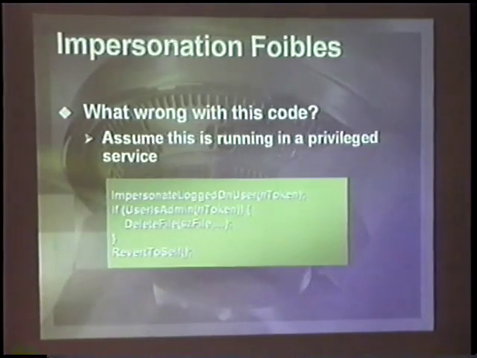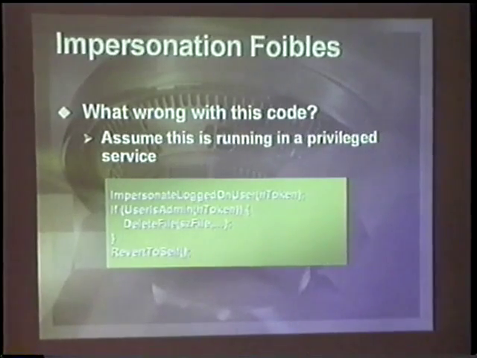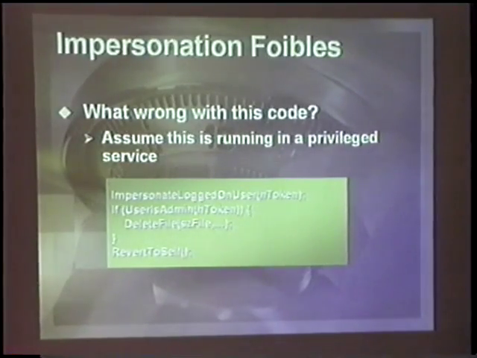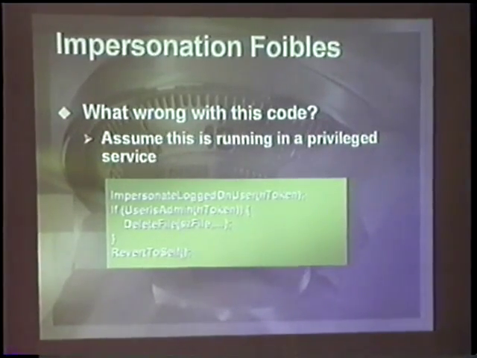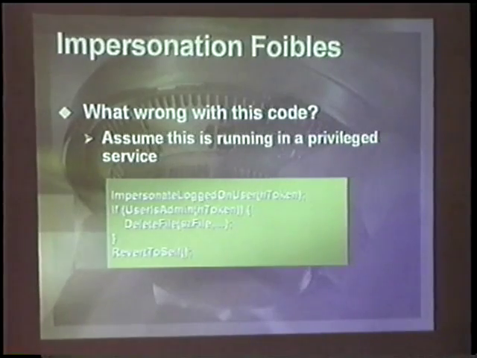Okay, what we're going to try and do here is we're going to impersonate the logged on user, and then if the user is an admin, then we'll go do horrible stuff, and then we'll revert to self. Well, what if the impersonation failed? It could have failed. And if it did, then you're going to continue running under your elevated account, and you're going to perform actions on somebody else's behalf, and they've just escalated privilege, and you've had it.